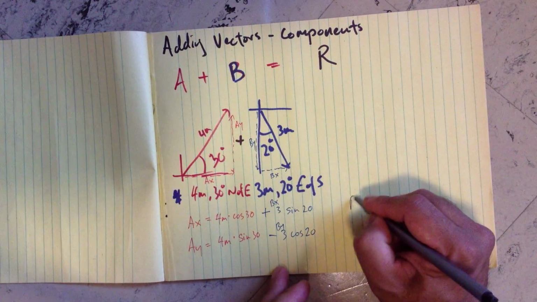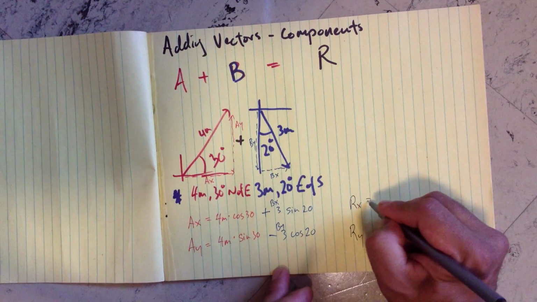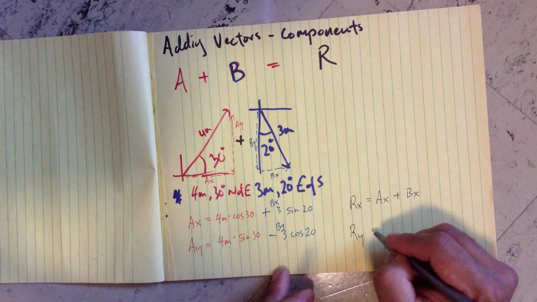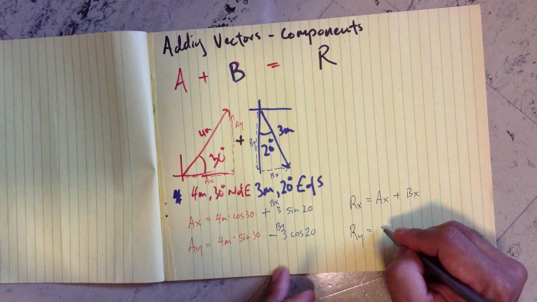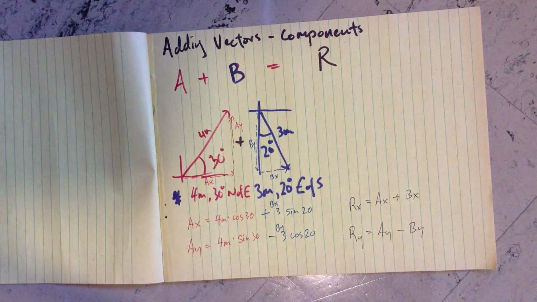So when we do our addition, we want to solve our x and our y. Our x we get as ax plus bx. Our y we get as ay up minus by down.